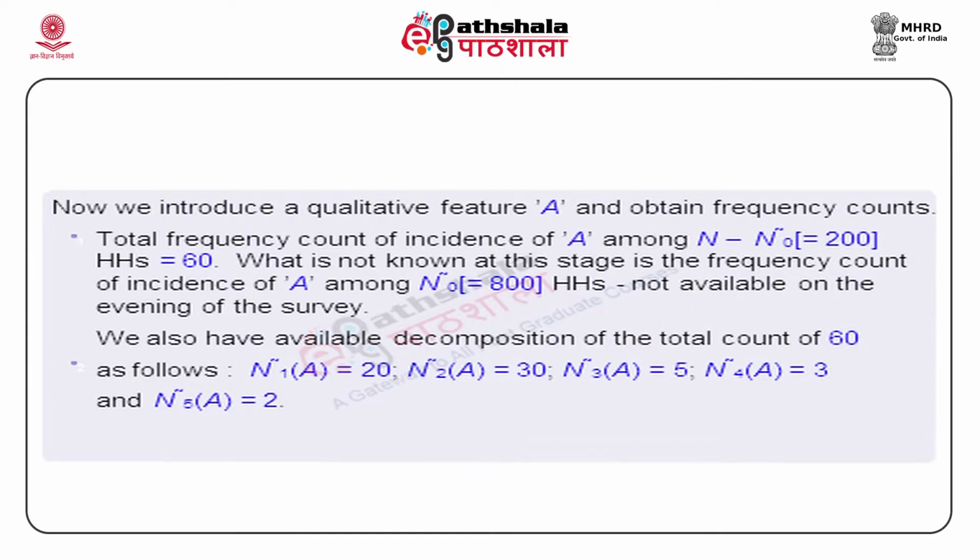There are 20 in category 1 who say yes, we possess the attribute A. There are 30 in category 2 who say yes, we possess the attribute A. Like that, this total is 60. Because n0 tilde is positive, there is nobody who is present on all the 6 nights. That is why n tilde 6 is 0.